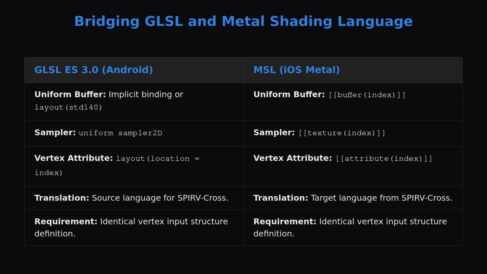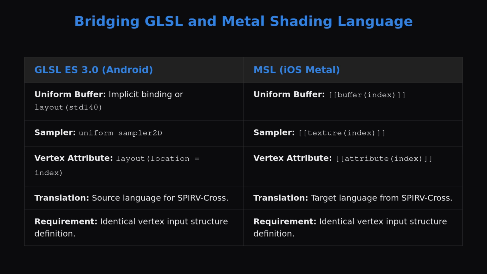Cross-platform shader development requires writing code that supports both OpenGL GLSL for Android and Metal Shading Language for iOS. We use GLSL 3.0 as the common source language. The primary difference lies in resource binding syntax. Metal requires explicit binding attributes.